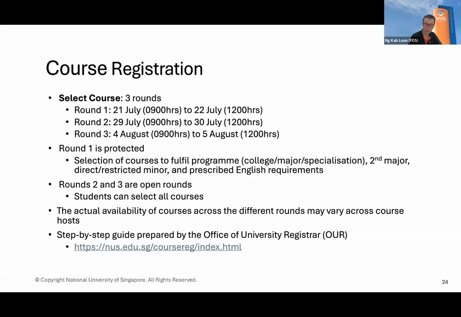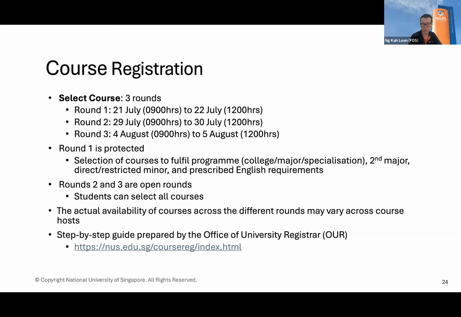These courses are usually chosen if the student is reading them to fulfill major or specialization or second major requirements. Whereas rounds 2 and 3 are the times where the course opens up for all students to read, including those who are just reading them as unrestricted electives.